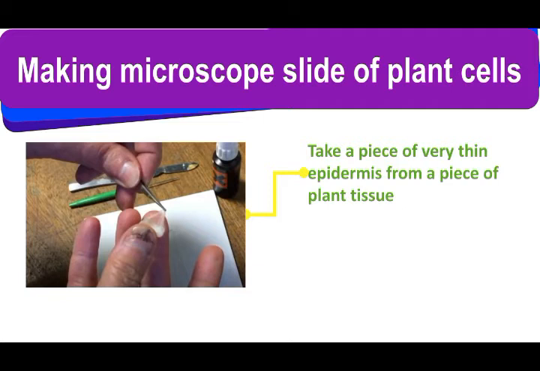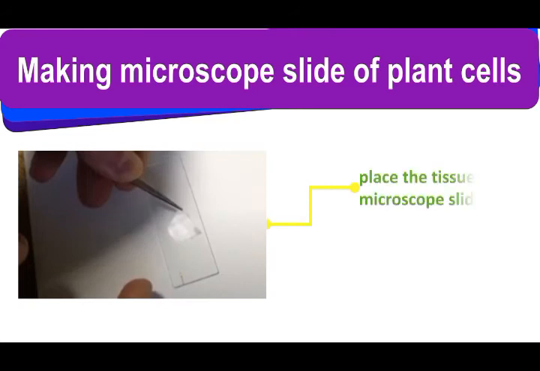Here the plant tissue is the onion tissue. You can use the method shown in the picture to do this. After you take it out, you place the onion tissue on a microscope slide like this.